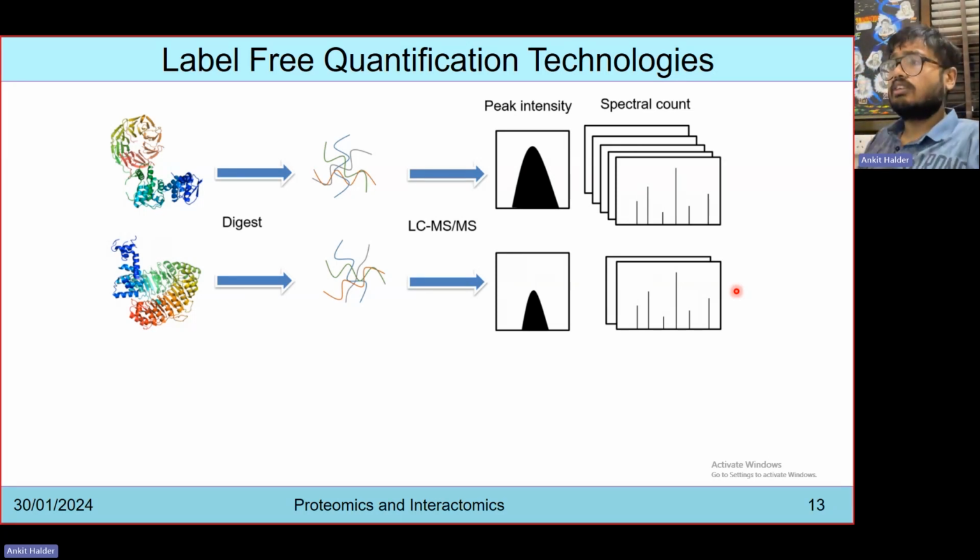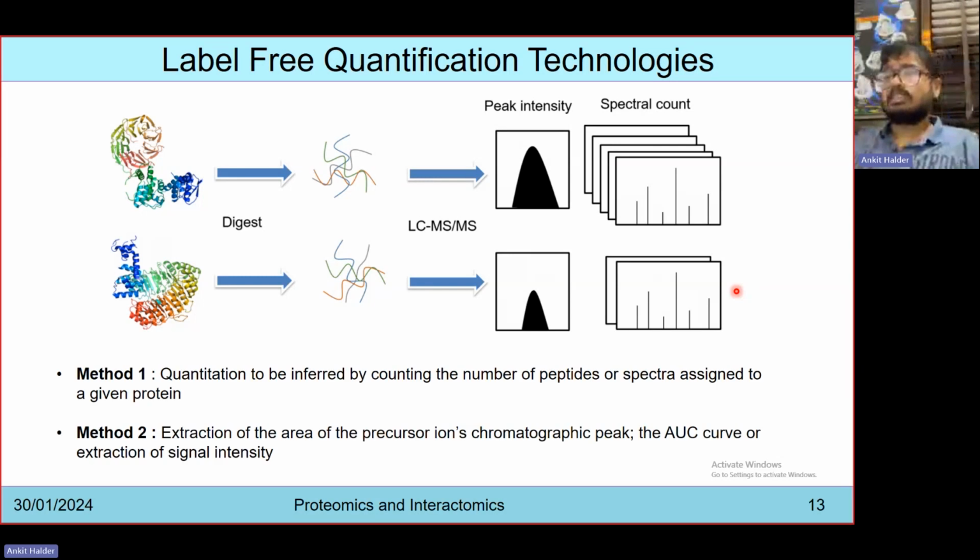But in label-free quantification, how is it measuring? One method is that it is inferred by counting the number of peptides or the spectra assigned to a given protein. That method is known as the spectral count method.